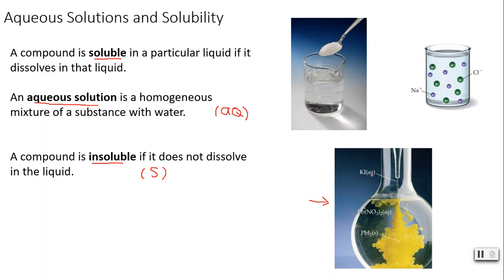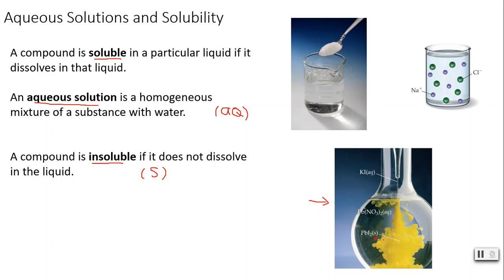That means it's dissolved in water. It's reacting with aqueous lead 2 nitrate, which is also aqueous. And when those 2 aqueous solutions react, we get this beautiful sunny yellow lead 2 iodide solid. Since it is insoluble, it is a solid, and we give it the state S.